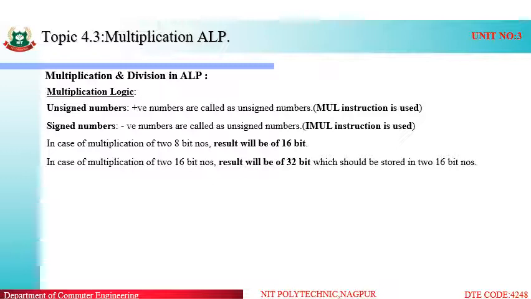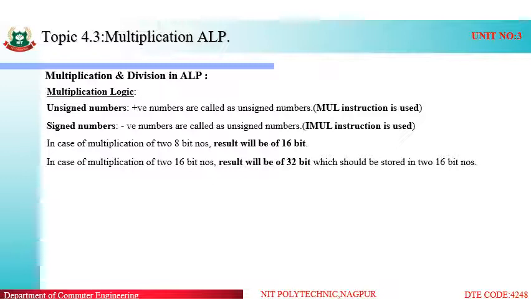Unsigned numbers are those numbers which do not have any sign attached to it, that means positive numbers. Unsigned numbers means positive numbers and signed numbers means negative numbers, the numbers to which sign is attached, that means minus is attached, those numbers are called as signed numbers.